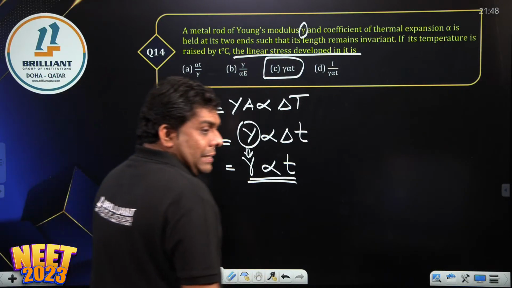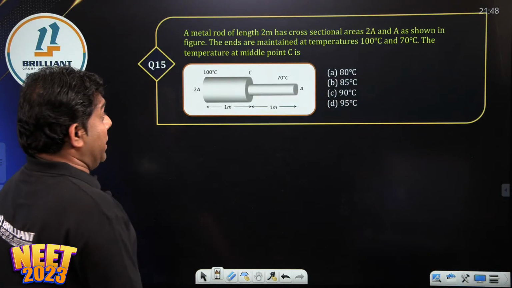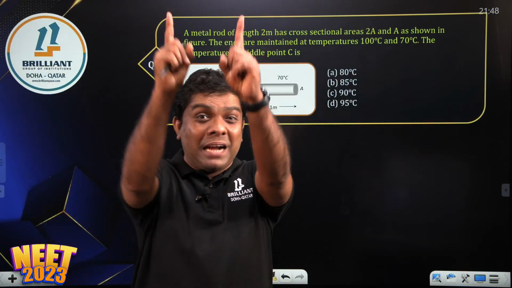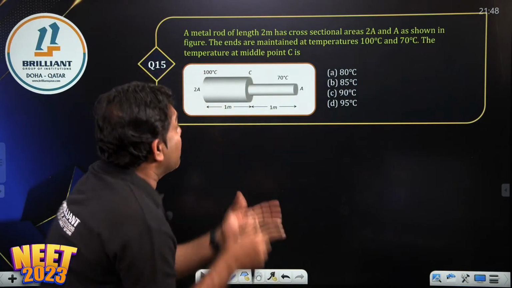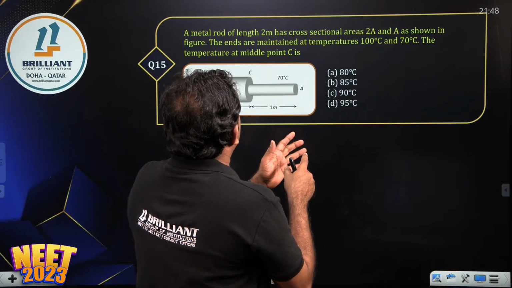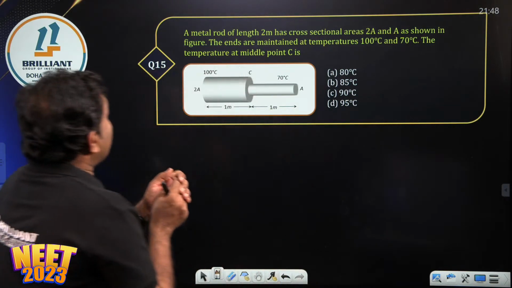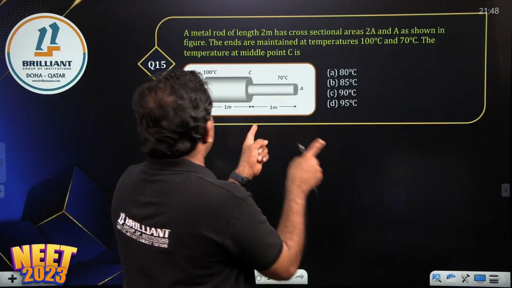And now the next point that we are explaining, question 15. We practiced this question in our classroom, so you can solve it. What's the question? A metal rod of length 2 meter has cross-sectional area 2A and A as shown in the figure.